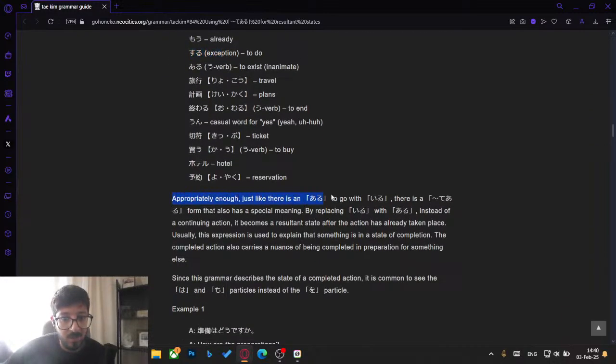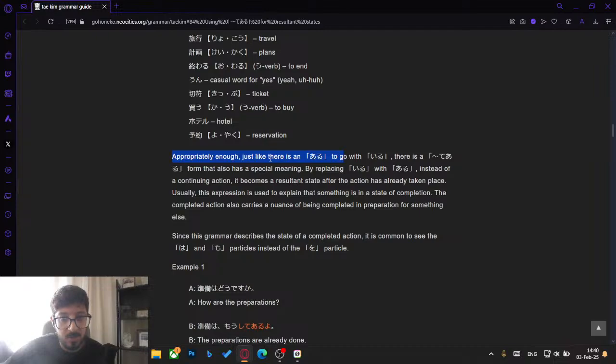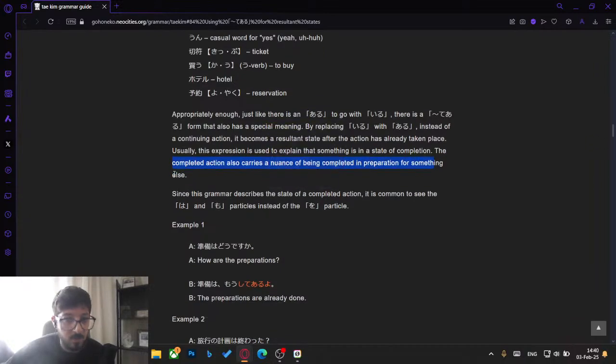Anyways. Apparently, just like there is an aru to go with iru, there is a tearu. Okay, it also has a special tearu form that also has a special meaning. By replacing iru with aru, instead of a continuing action, it becomes a resultant state of an action that has taken place. Usually the expression of the completed action also carries a nuance of being completed in preparation for something else.